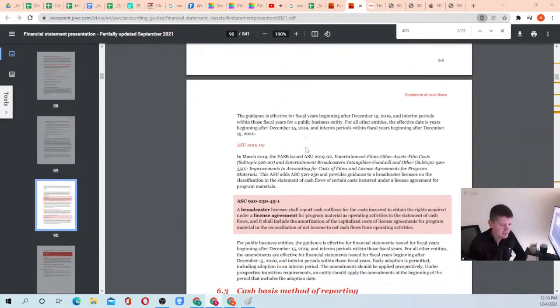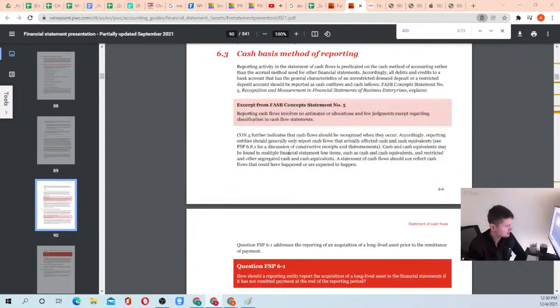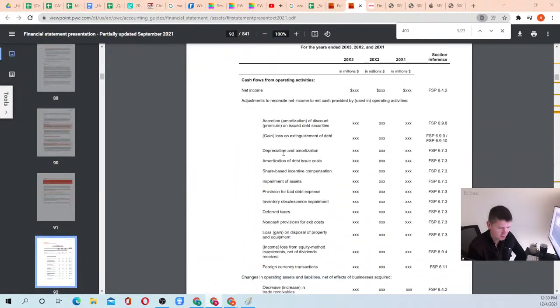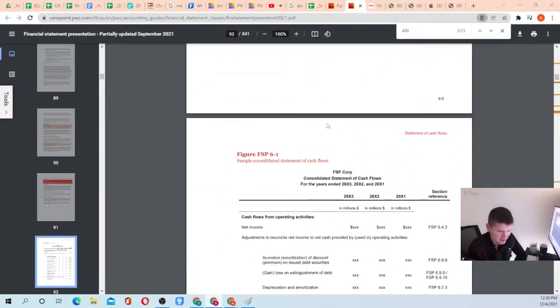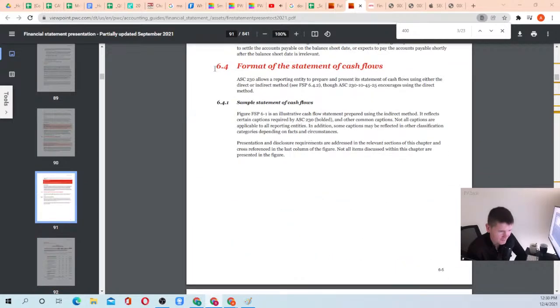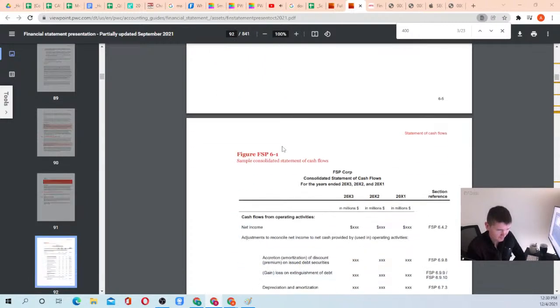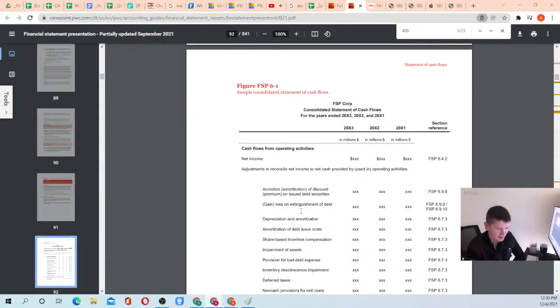So there is a typical look of the cash flow statement, and that's here, under the caption of format of the statement of cash flows. So that's more like a typical format.